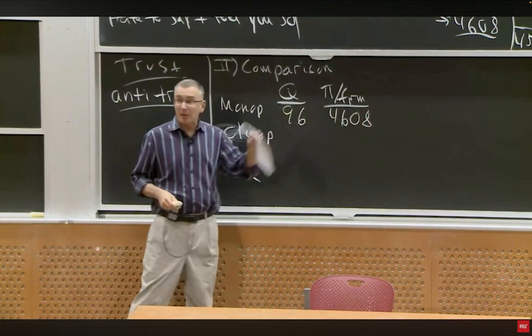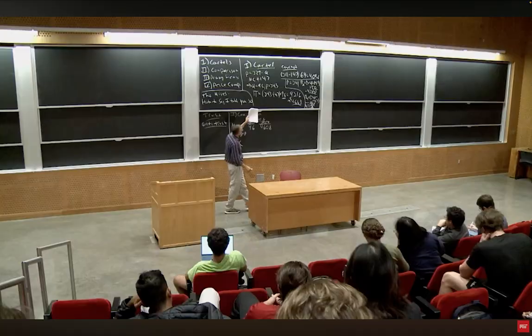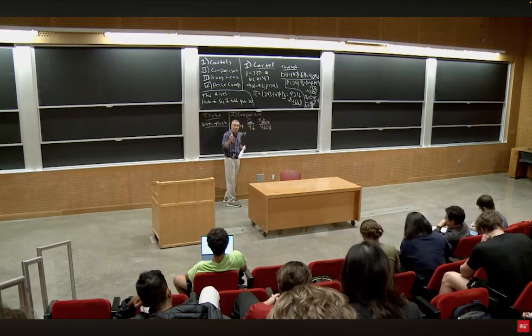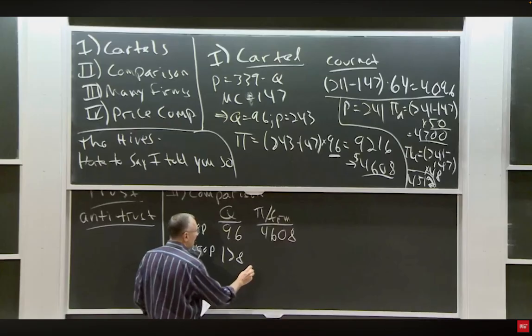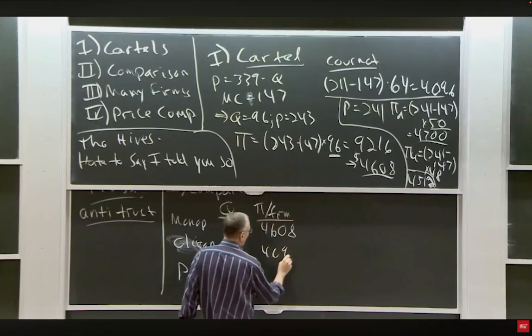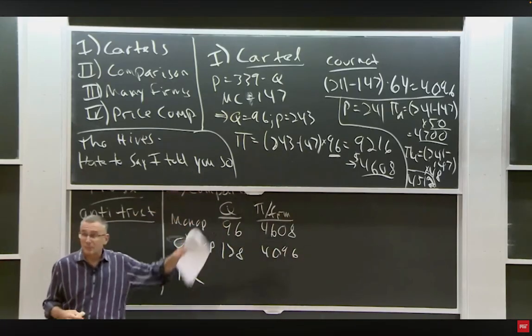I solved that up above. We know from up here that if they don't monopolize, each firm produces 64. We solved that Cournot problem last time. So the market quantity is 128, and the profits are 4,096, or 12.5% cheaper. I solved that up there.